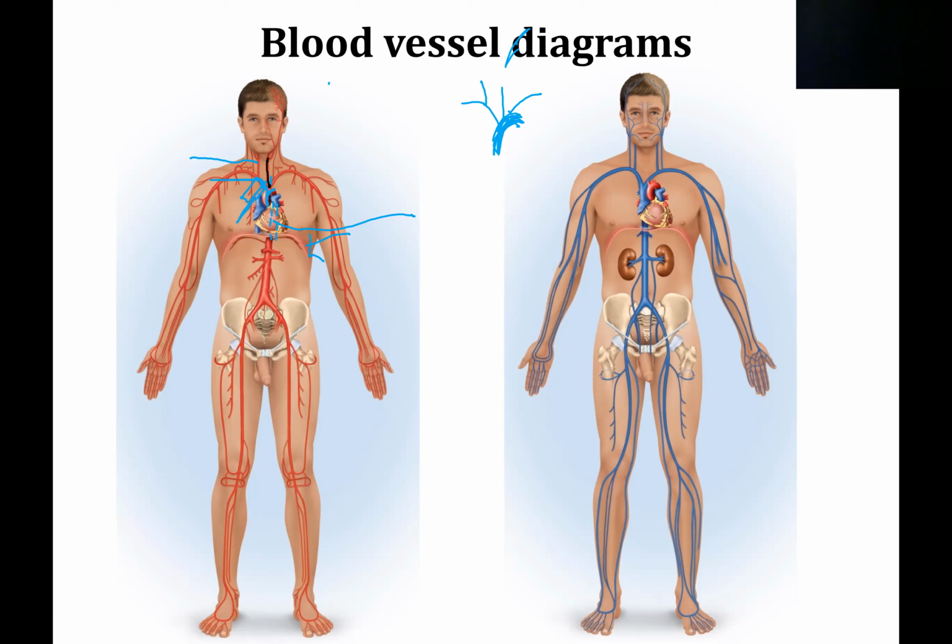So the second vessel coming off of the aortic arch is the left common carotid artery. Now, the 2 common carotid arteries, you have to distinguish the left one from the right one.